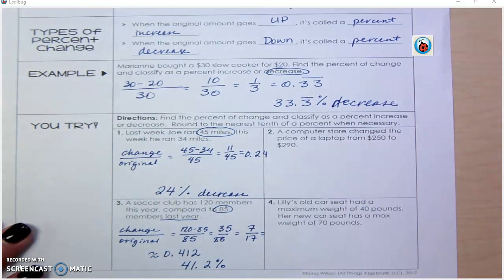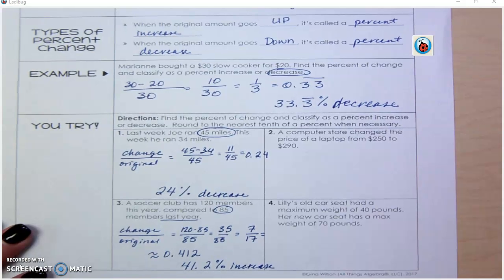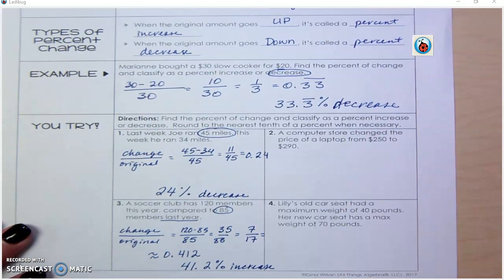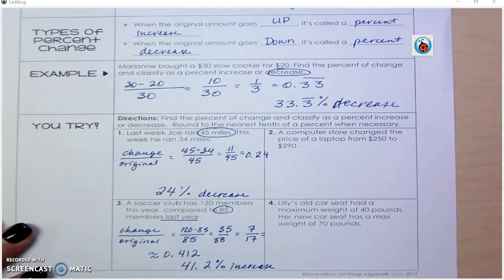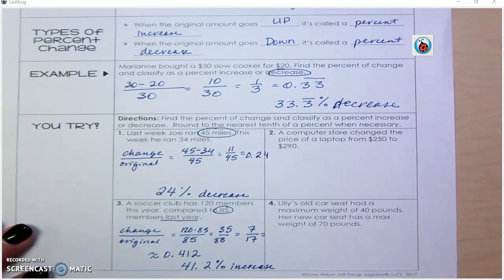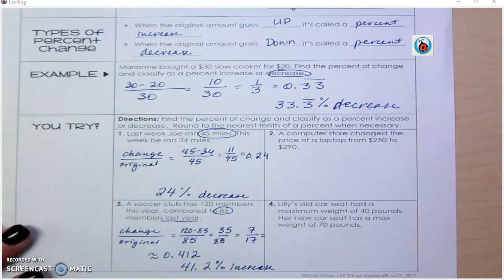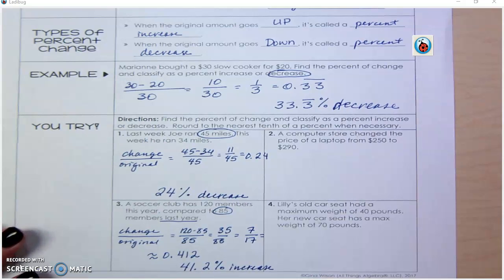And yes, we have an increase in membership. With the decimals, guys, a lot of times in percent, we are going to get our answers as a positive number either way. So we got decimals when we divided, we converted it to percent, and we're keeping it as a positive number. But in these kinds of questions, we're just applying common sense. What's going on with our numbers? What's going on with our values? Increase versus decrease based on how your numbers are behaving.